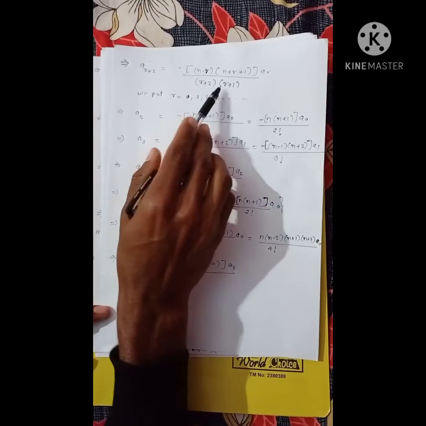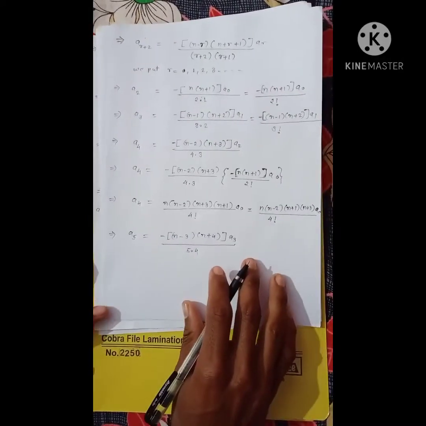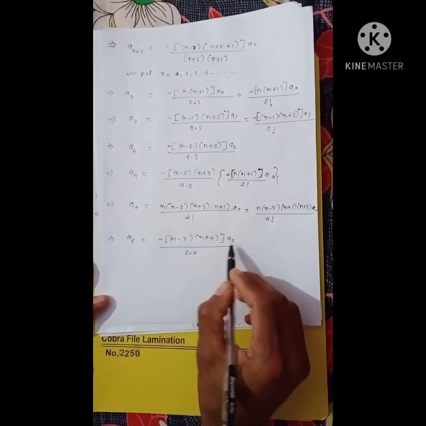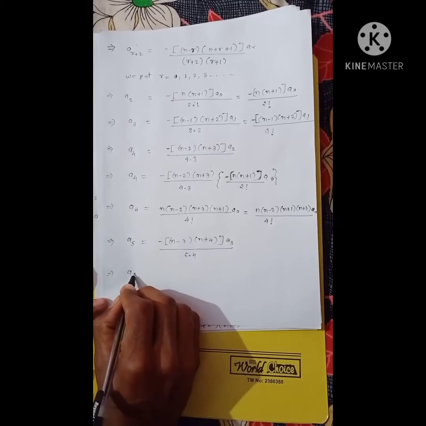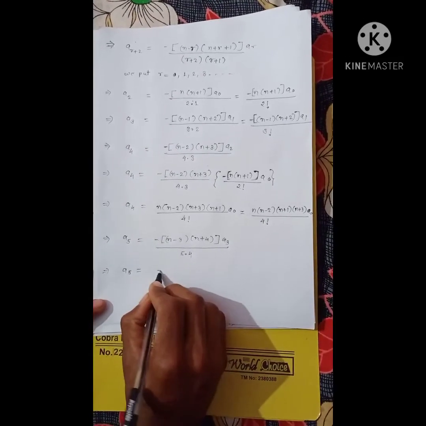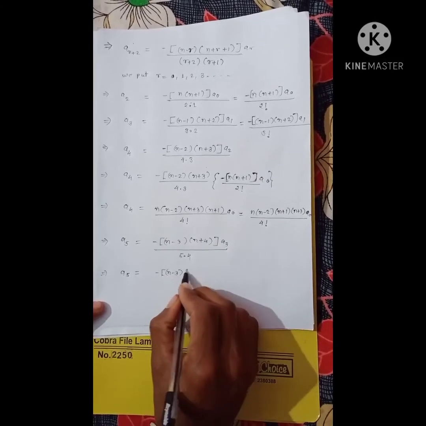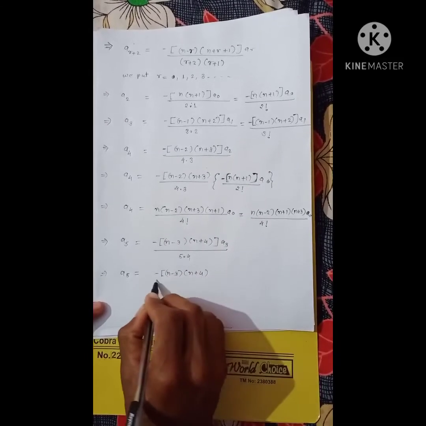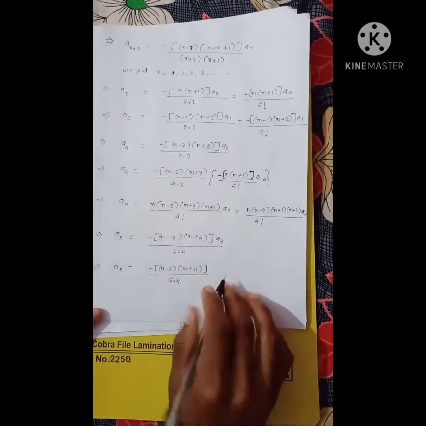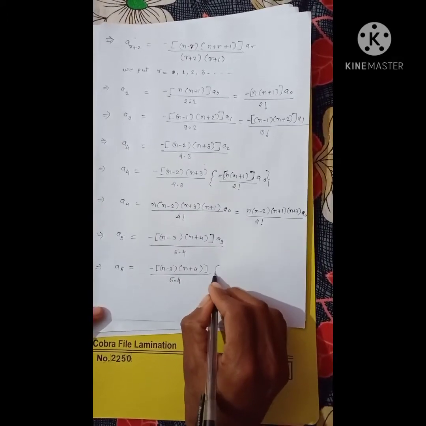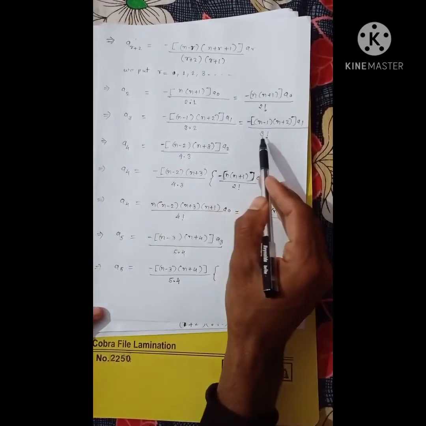So 5 into 4. We can substitute here the value of a3. So we can write a5 is equal to minus (n minus 3) into (n plus 4) upon 5 into 4 into the value of a3.